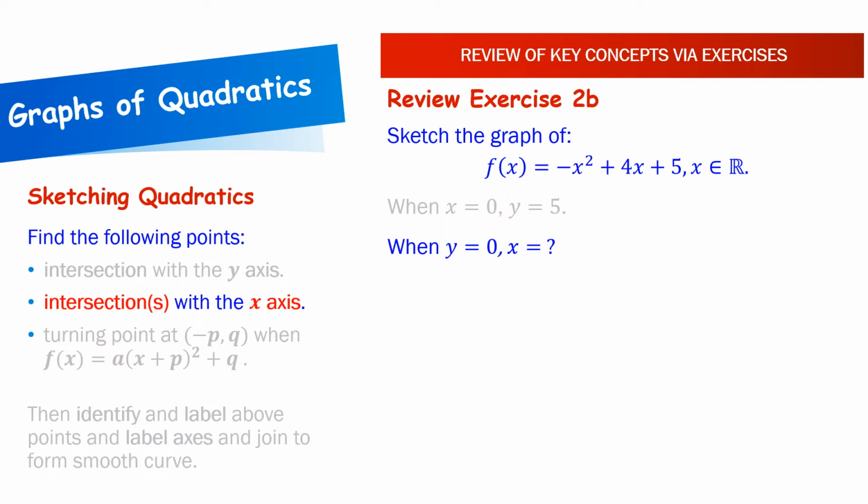Next, we ask the question, when y is 0, what is x? So substituting gives us minus x squared plus 4x plus 5 equals 0.